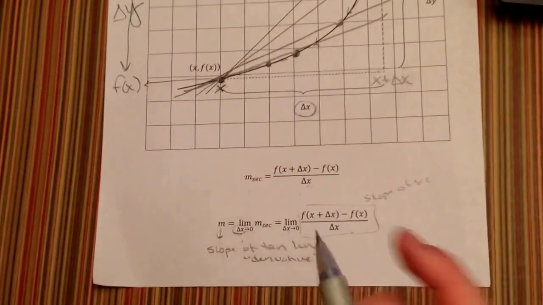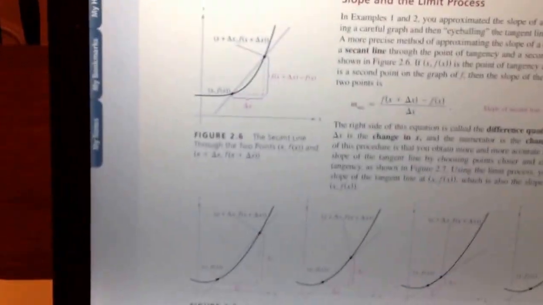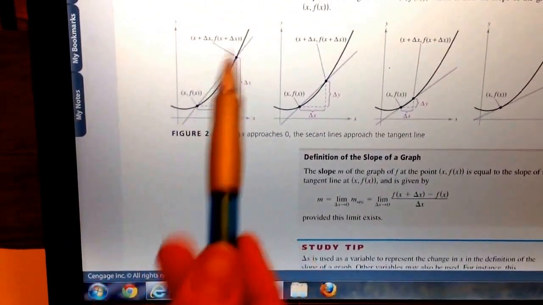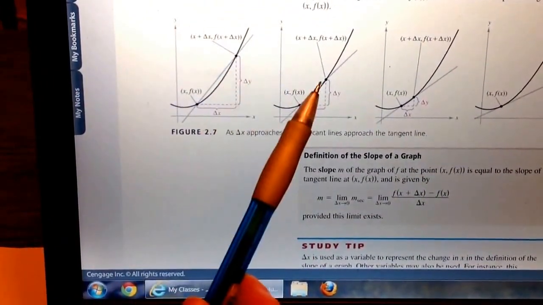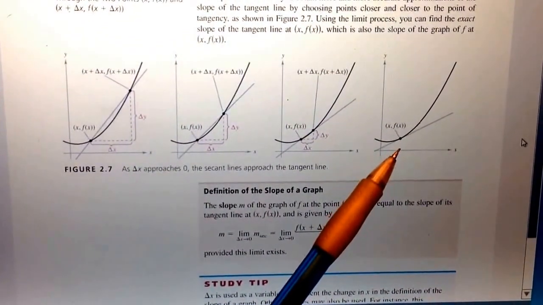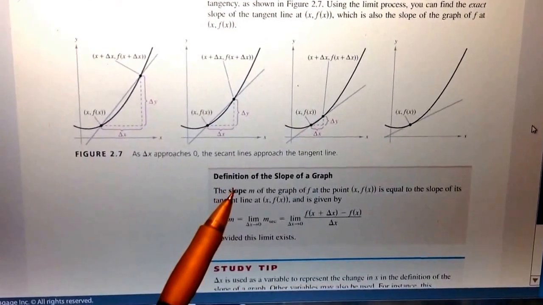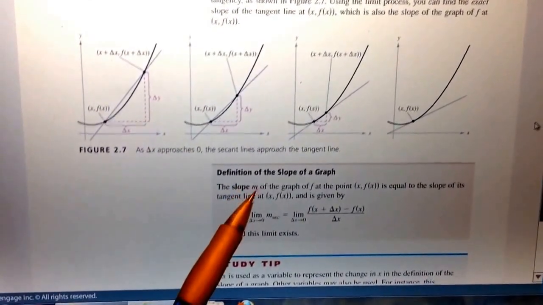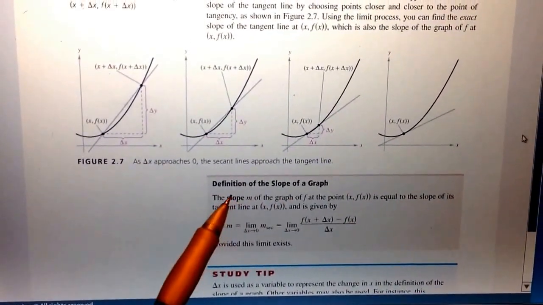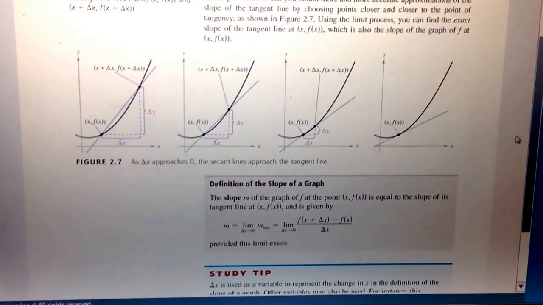So if you look back at the book, the ebook, they show a good picture of what I just tried to show you. They're moving the point that they're using for the secant closer and closer, till it's the same point. And doing that limit is giving them the slope of the tangent line, which is, by definition, the derivative.